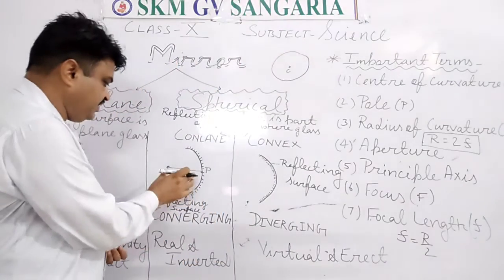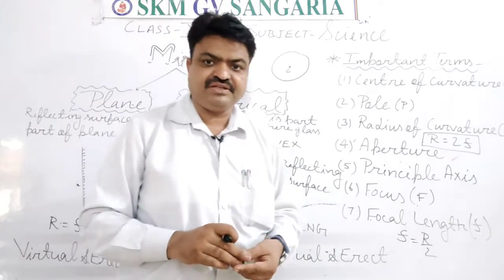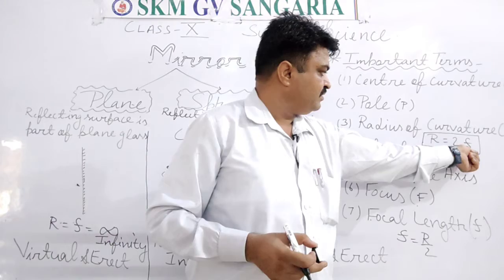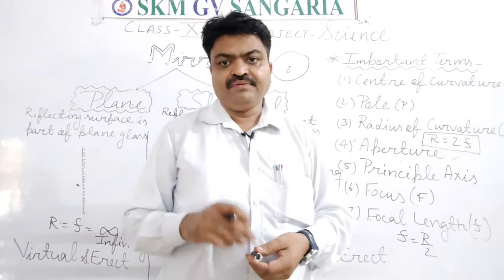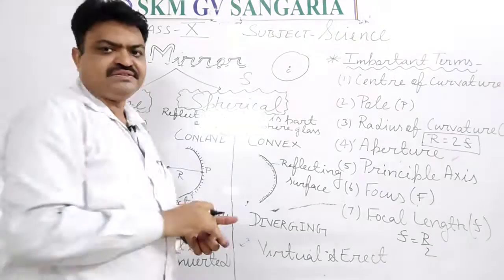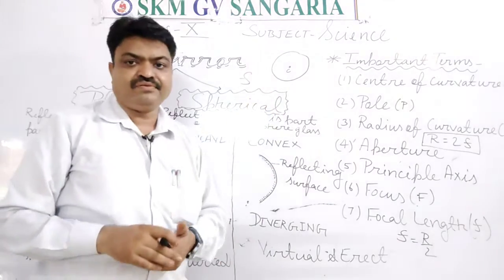The formula is R equals 2f, where the small f represents the focal length.